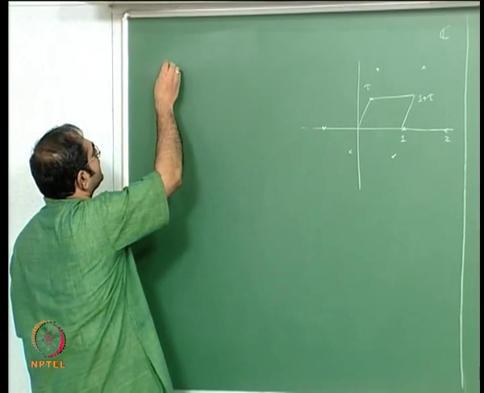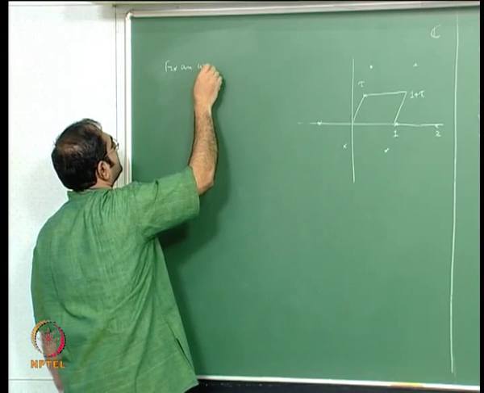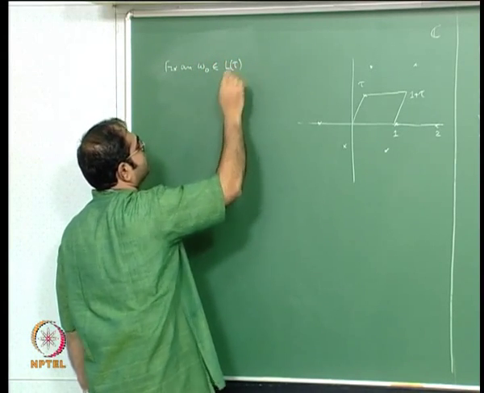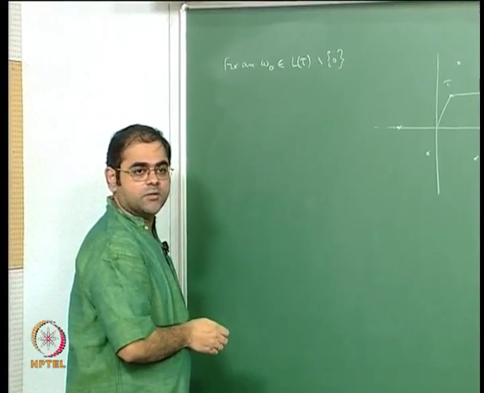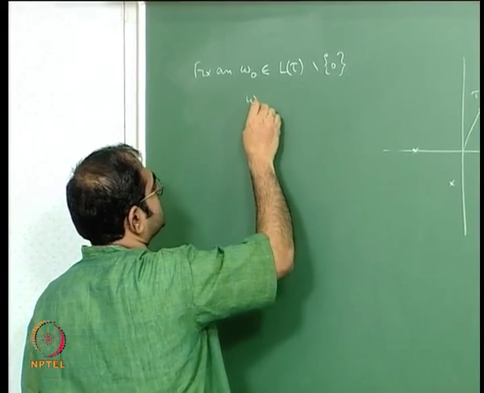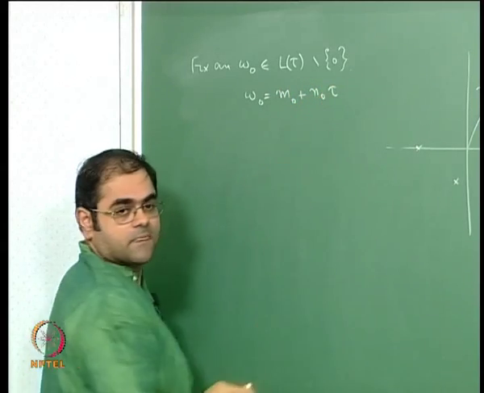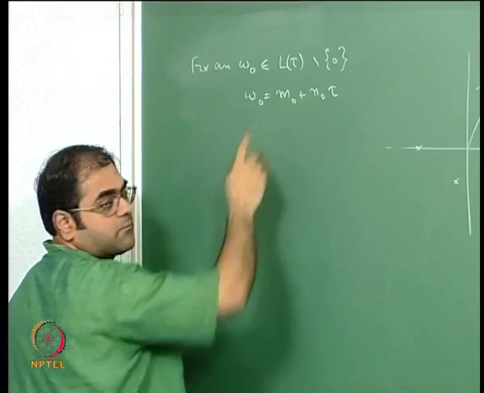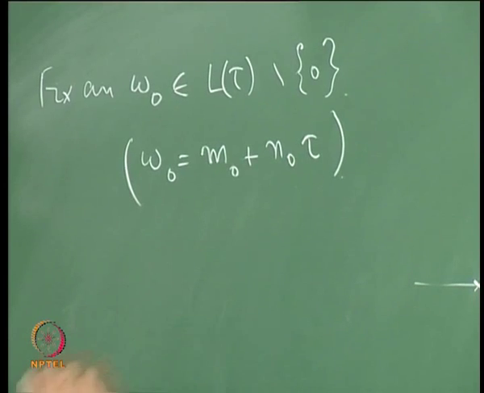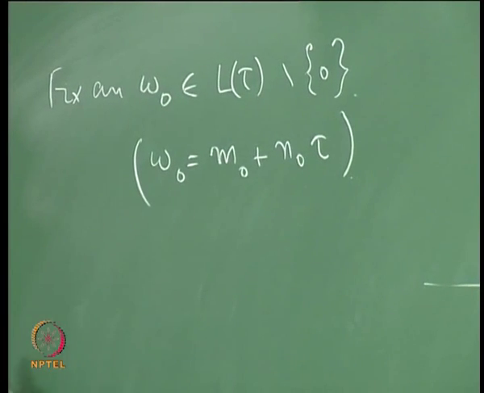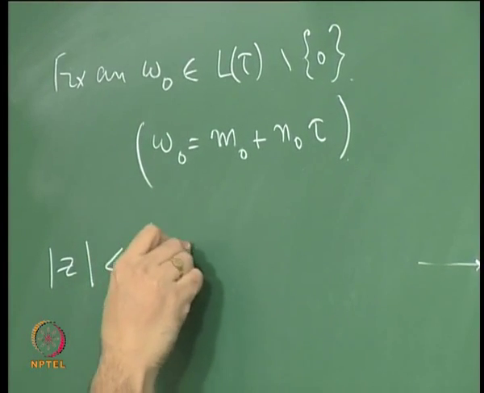So you see, fix an omega naught in the lattice, which is non-zero. This omega naught is therefore of the form m naught plus n naught tau, where both m naught and n naught are not simultaneously 0. And let us look at the condition mod z less than mod of omega naught by 2.